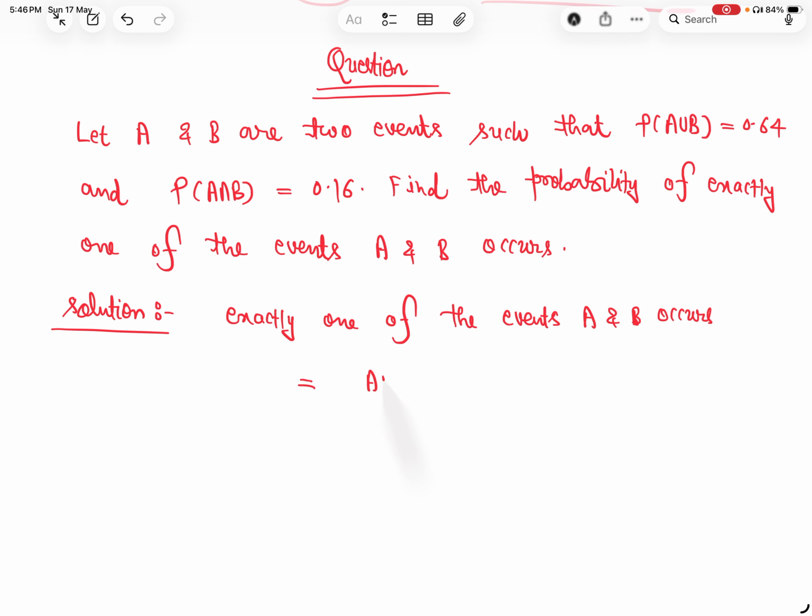A union B means either A or B occurs. If we subtract their intersection, then this is the event that exactly one of the events A and B occurs.